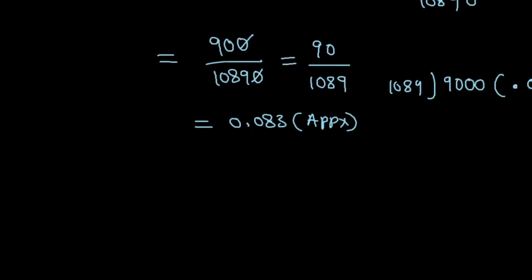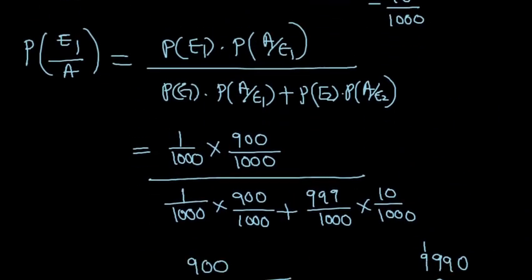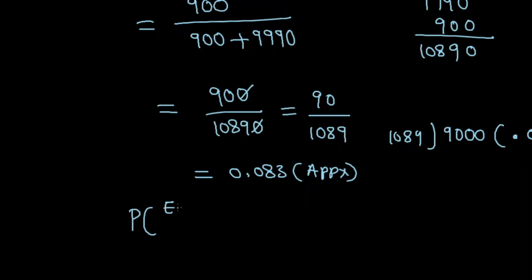Therefore the probability that a person actually has HIV given a positive result is 0.083. This is the final answer.